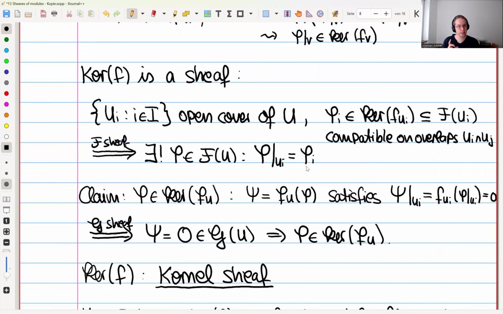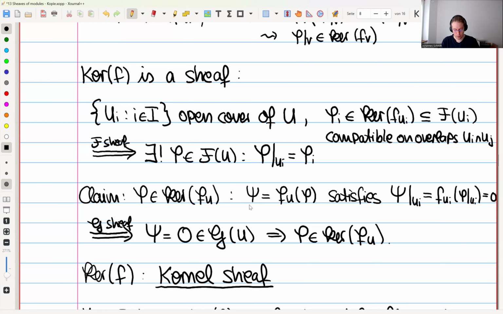And now for the existence part, we need to check that this phi is actually also a section of the kernel sheaf, not just a section of F. So what we need to do is show that if you apply F_U to phi, then you get a section psi of G on U, and we want to show that psi is 0. That would mean that phi was in the kernel.